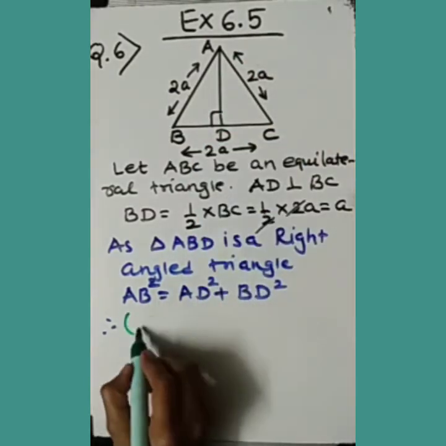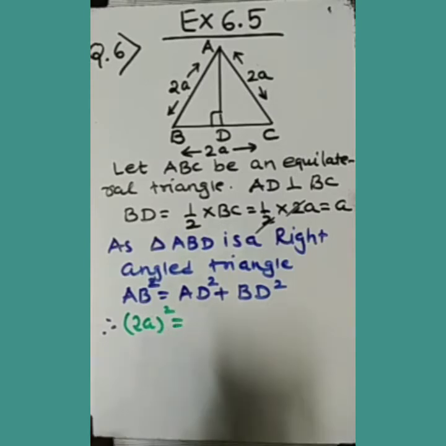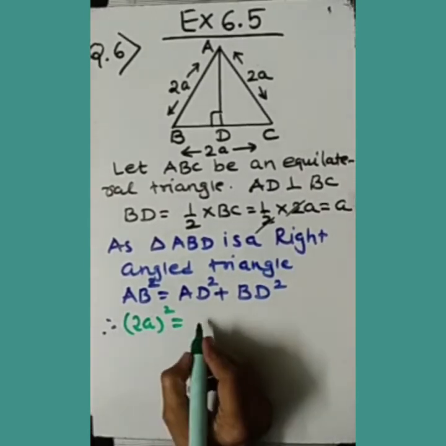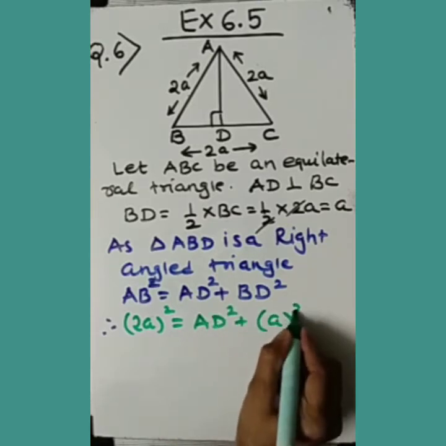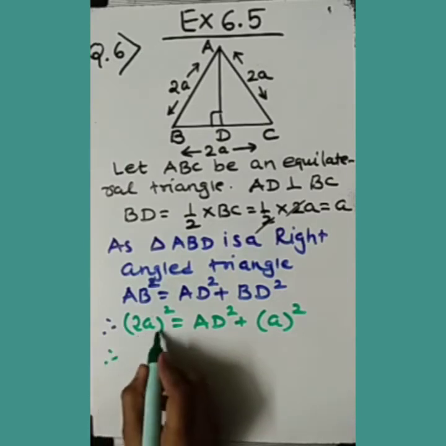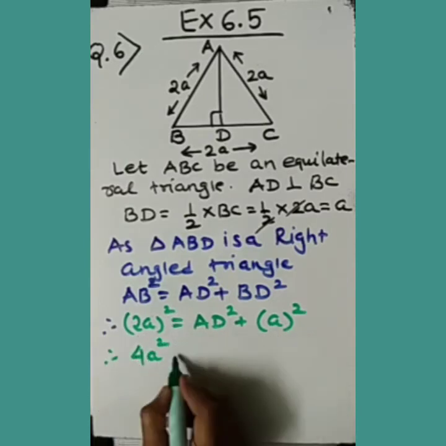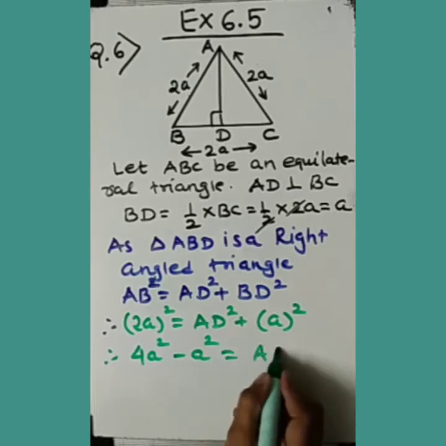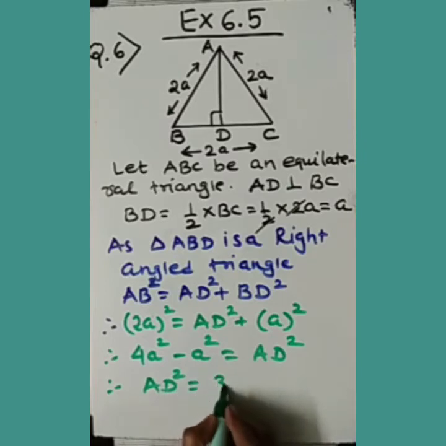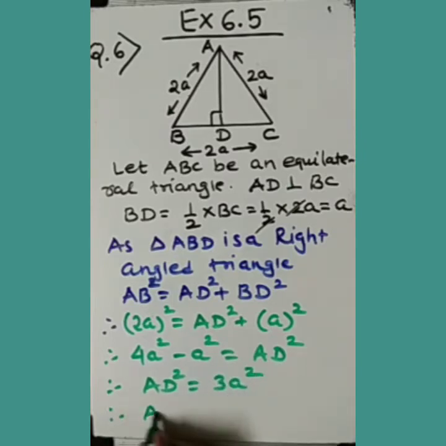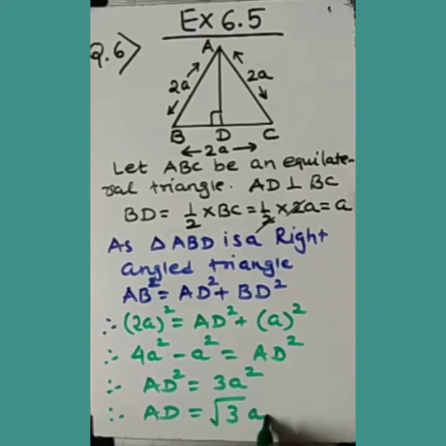The length of AB is 2A, so 2A whole square. Next we need to find AD square, and BD is already with us, A square. 2A whole square is 4A square, minus A square equals AD square. Therefore, AD square equals 3A square. Of course, the length of altitude AD will be root 3 into A centimeter. So this is the required solution.